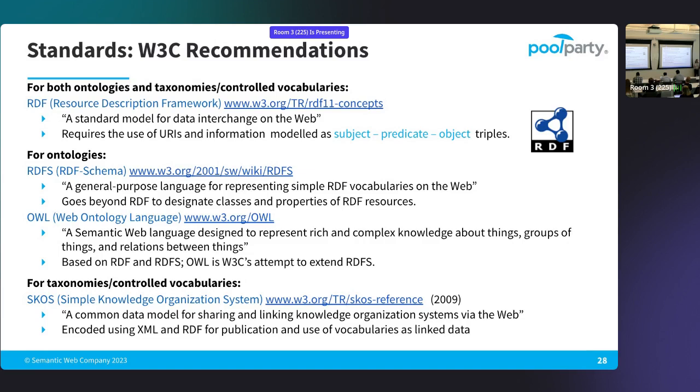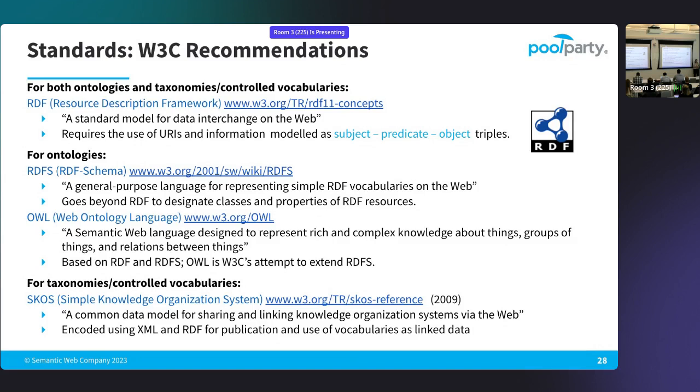And then taxonomies and controlled vocabularies. I mentioned SKOS, the Simple Knowledge Organization System. After RDF was developed, and then we got OWL for ontologies, well, what about these other controlled vocabularies? So remember I said KOS, Knowledge Organization Systems. An ontology isn't quite that, because it's knowledge representation.